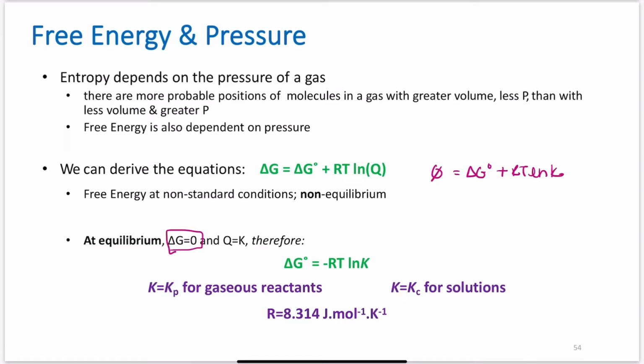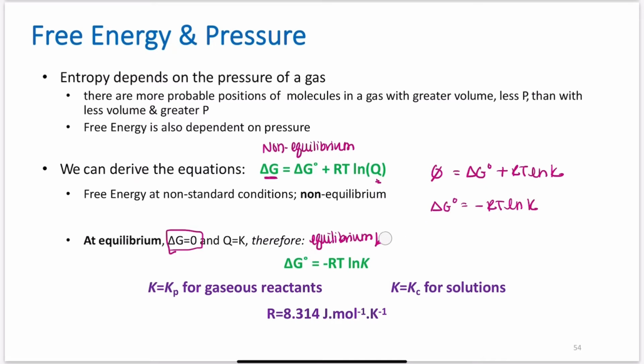I'm at equilibrium, so I've got K and not Q. Delta G equals 0, Q equals K. I've substituted those things in for delta G and Q. Now I just rearrange this equation: delta G naught is equal to negative RT ln of K. So at non-equilibrium, and at equilibrium, I memorized this equation and quickly derived the other one. I don't care if you guys memorize both or not, but that's how I personally do it. I don't like memorizing equations.